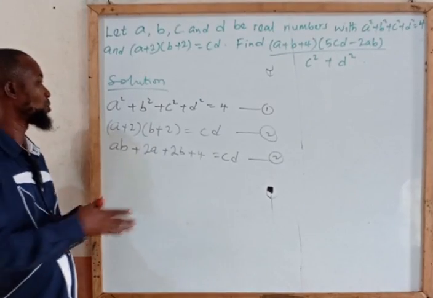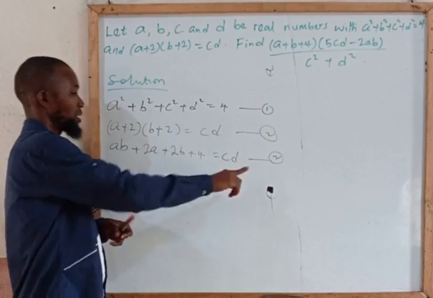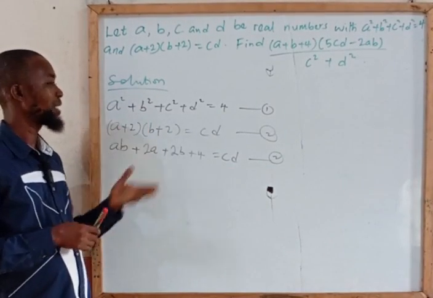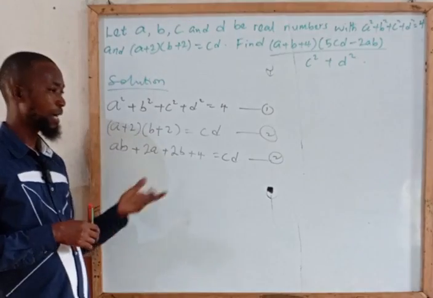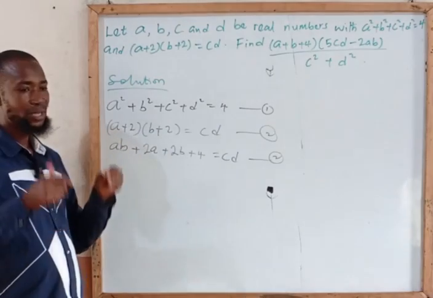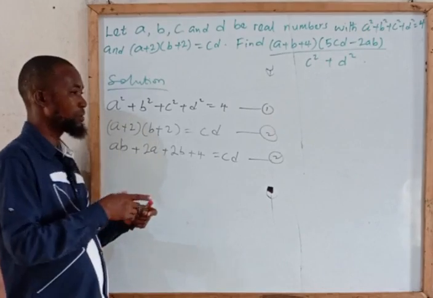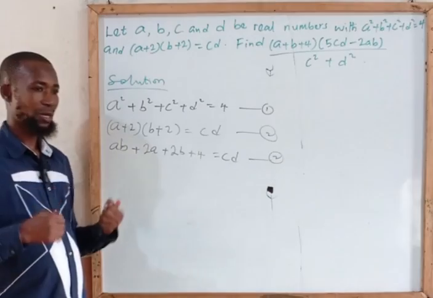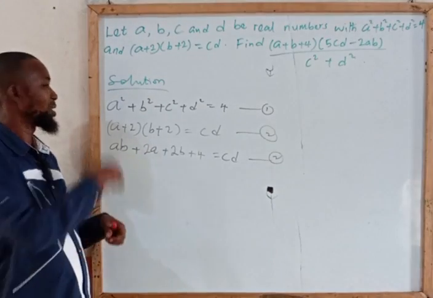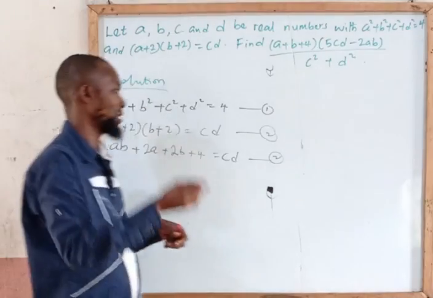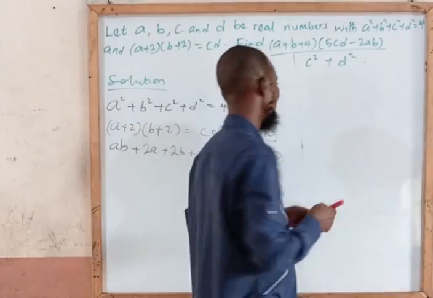So all we have to do is combine this equation and this equation into a single equation. When we combine, it must resemble a known identity. A very similar identity that came to my mind, which I think I can use, is the one that talks about a square plus b square plus. So let me state that similar identity.